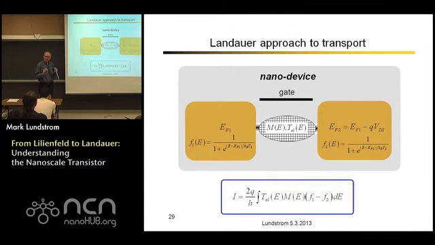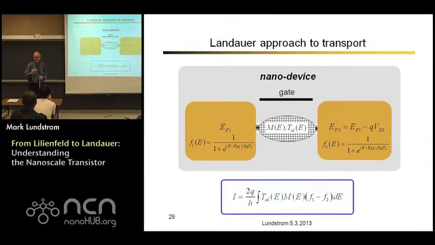It's not a wave, we're thinking about particles, so it has no phase, it's just a number between 0 and 1. If it's 0.5, it means half of the electrons that come in backscatter and go back to the source. They don't get through. M is the number of channels, something like a density of states, but not quite. It's the number of channels that can carry current flow.